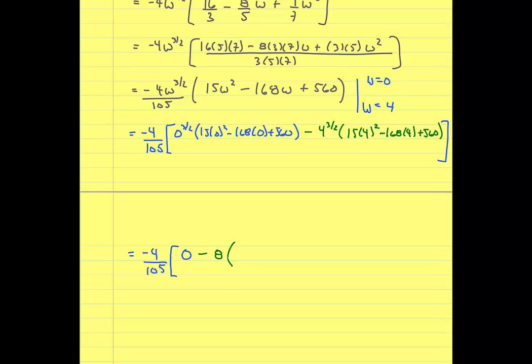So I'll have 8 times, now my first value here is 15 times 4 squared. That would be 15 times 16 is 240 plus 168 times 4 would be 672, plus 560.